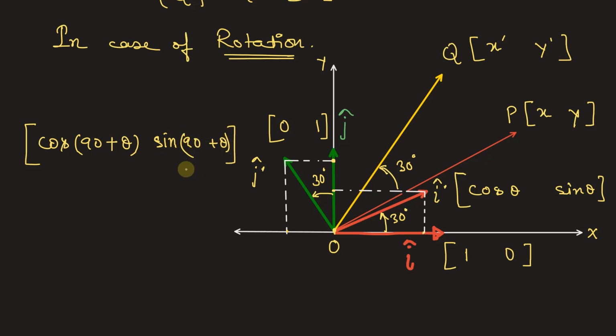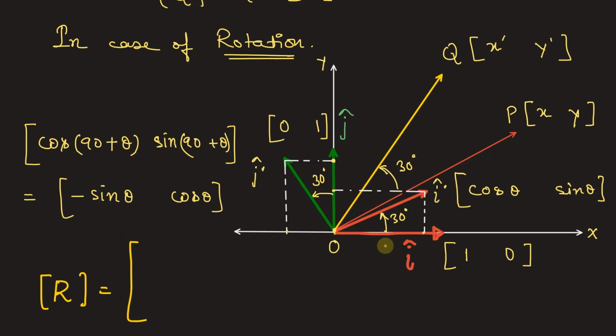Okay, now this can also be written as, cos 90 plus theta is minus sine theta, and sine 90 plus theta is cos theta. The transformation matrix is the rotational matrix, so let's write R. So the rotational matrix will be the i hat and j hat.